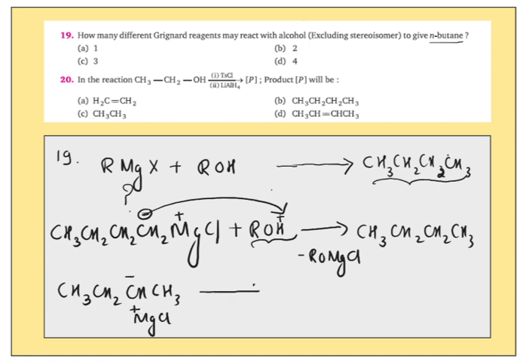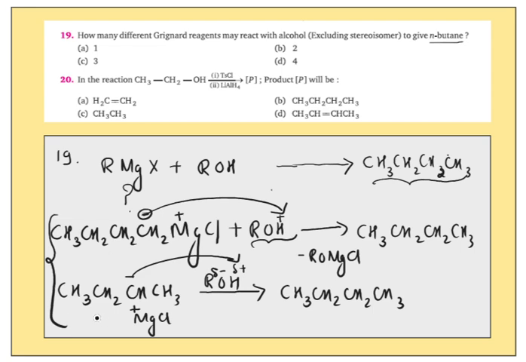So whenever you are using an alcohol, it abstracts the proton. You see that this will be partially negative, this will be partially positive. Hence it will pick up the proton and it's still going to form the n-butane molecule. That means there are two such possibilities of Grignard reagent which will form n-butane.